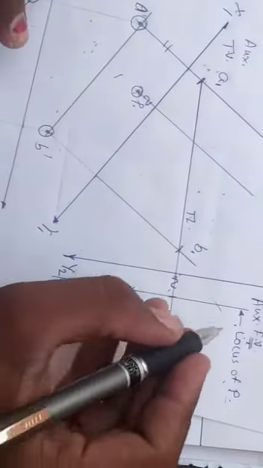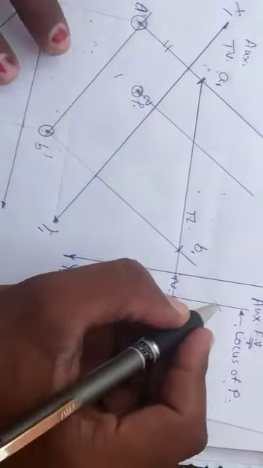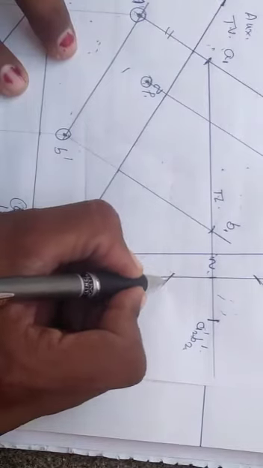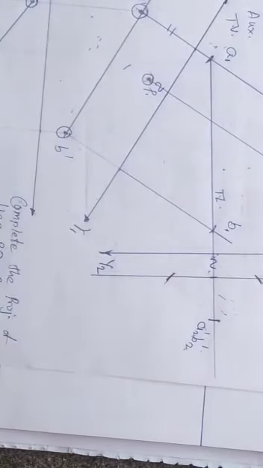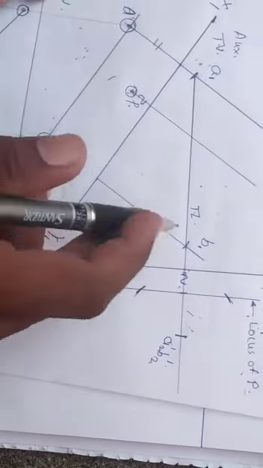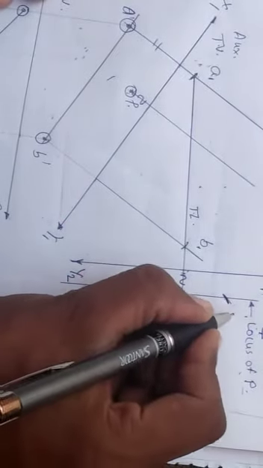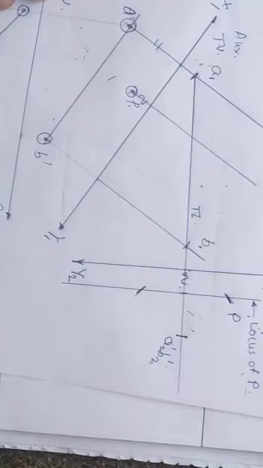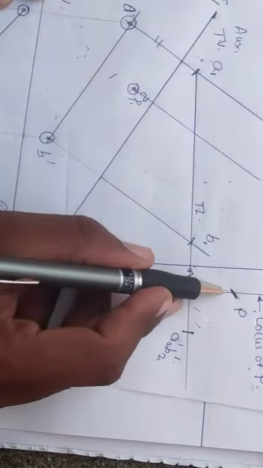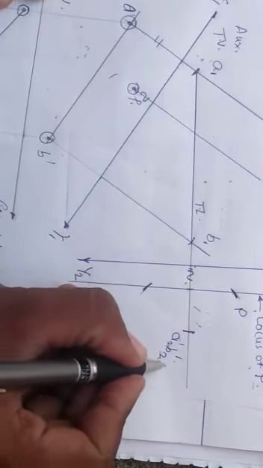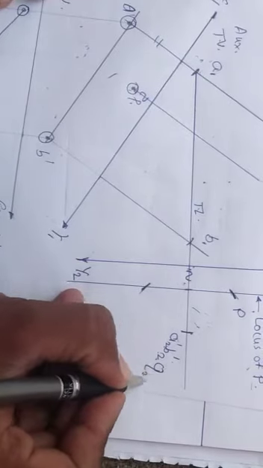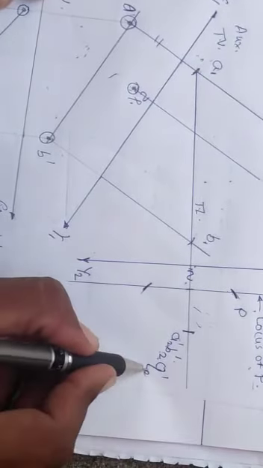So see, the Q point can be here, and the P point can be here, or the P point can be here. Anywhere you can locate it. In order to get it outside, we will assume point P to be here. As point P is here, ultimately point Q becomes here. It is Q2 dash. Why is Q here?